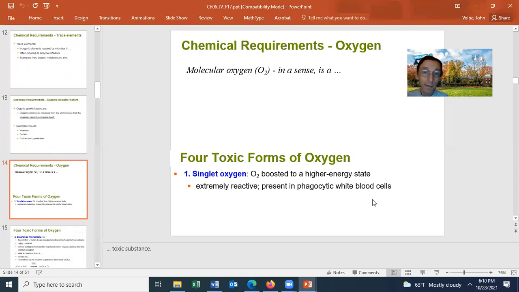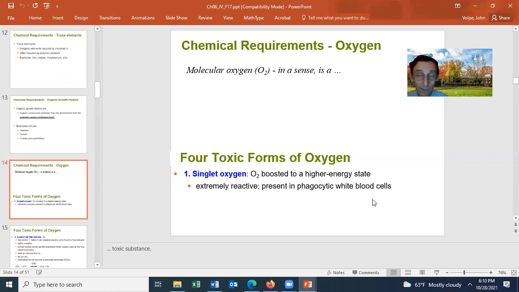Oxygen is another thing that some cells require and other cells require its absence. So there's a different oxygen requirement that all cells have. I'll word it that way. Molecular oxygen is, in a sense, a toxic substance.